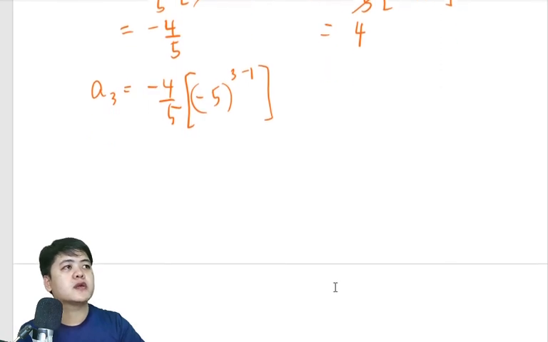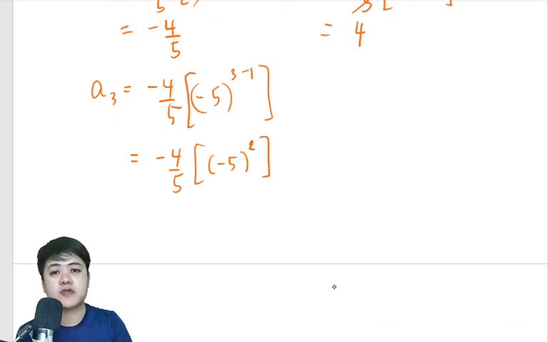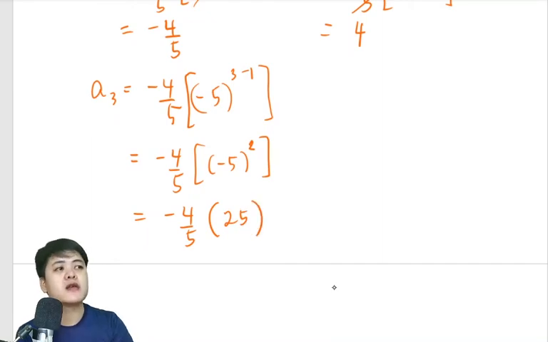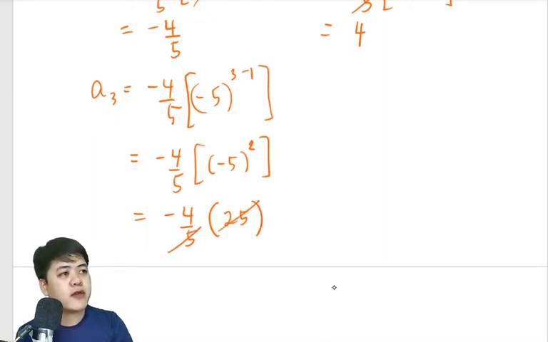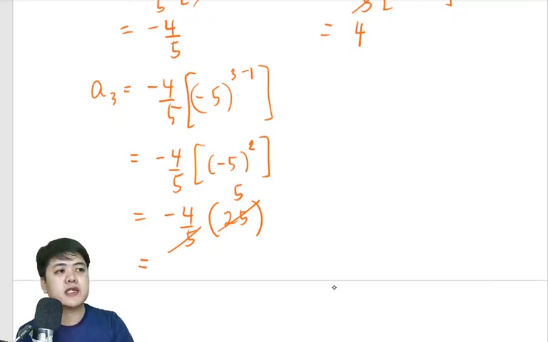That's a sub 3. And then we simplify. Negative 4 over 5. This will become negative 5 squared. And negative 5 squared is negative 5 times negative 5. So that's 25. So we'll get negative 4 over 5 times positive 25. And then, can cancel out 5 here. May iwan dito isang 5. So we will be left with negative 4 times 5.